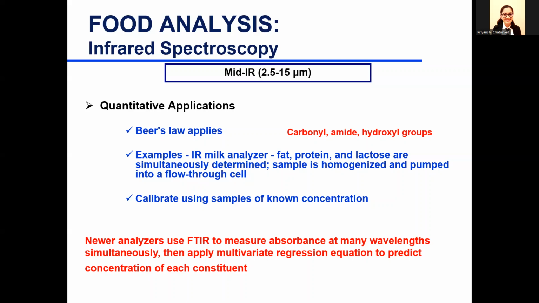You generally never want to extrapolate. You always want to interpolate within a calibration. So if you think that your samples are going to be between 2% fat and 20% fat, then you should be running a standardized calibration curve within that area.